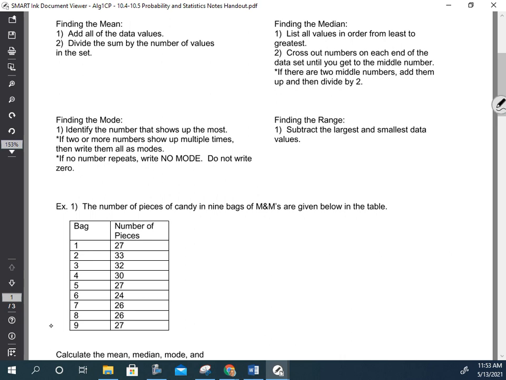So let's start with the mean. To find the mean, add all the data values and divide by the number of values in the set. So there's all the data values. For the mean, you take all those numbers and add them up.